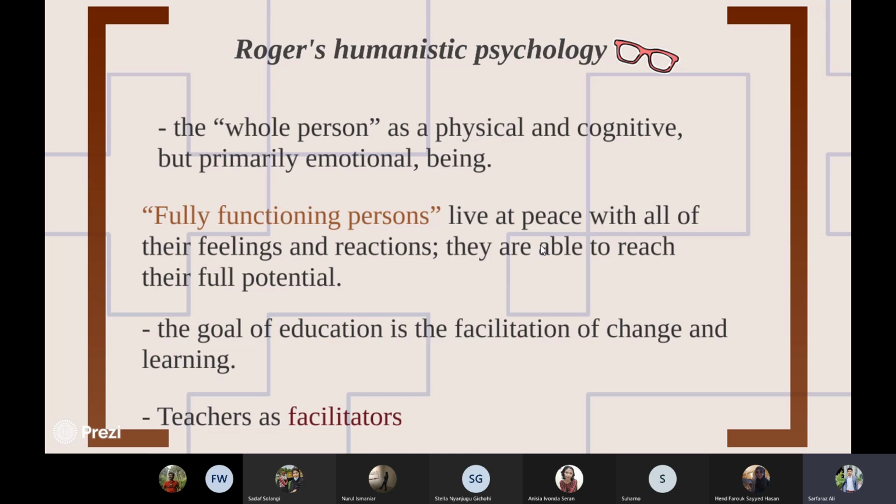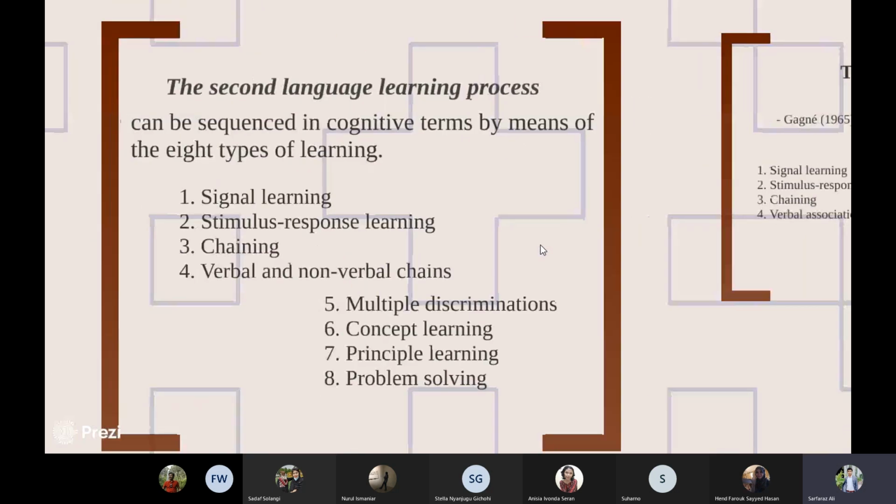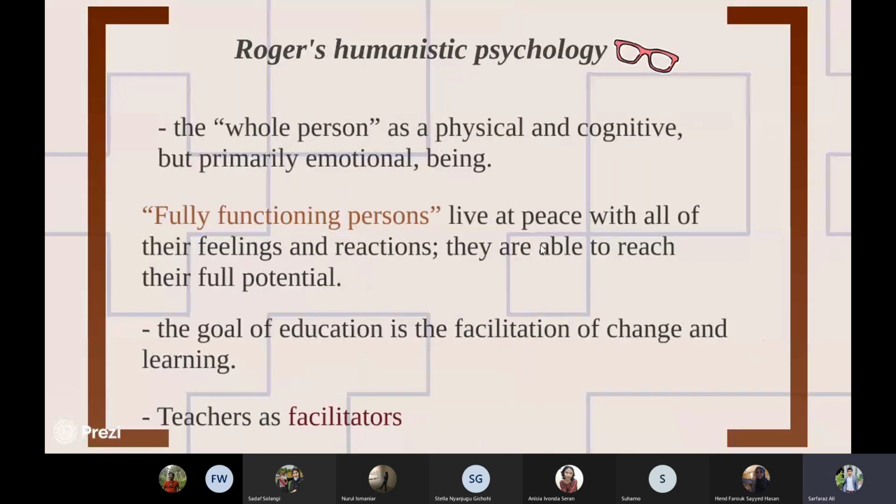He mentioned that the whole person, physical and cognitive, is primarily an emotional being. He actually wanted to present a kind of principles.